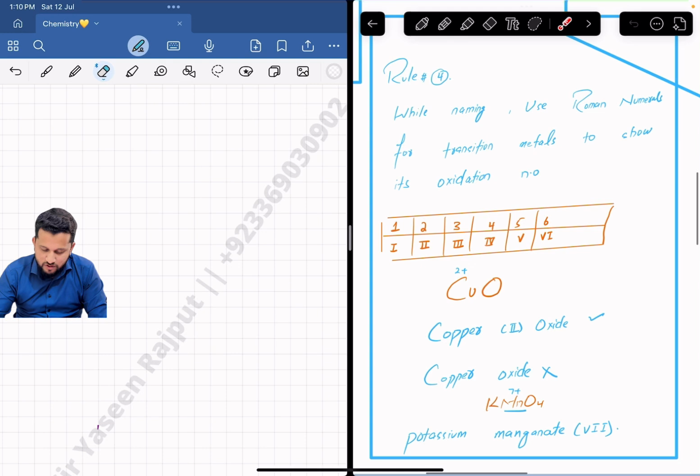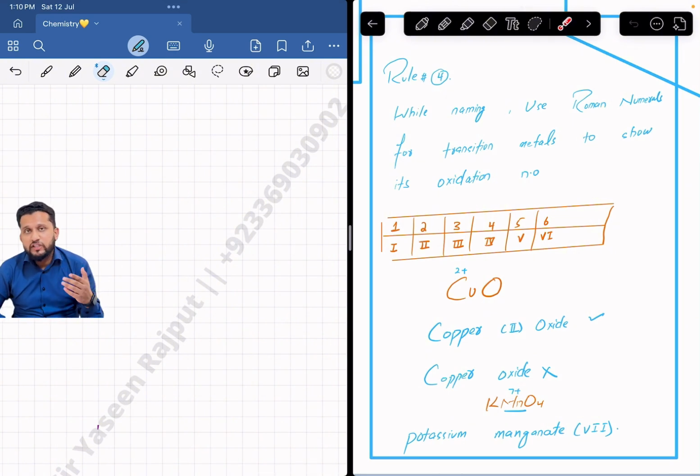And then while naming, use Roman numerals for the transition metals to show their oxidation number. Why? Because we know that transition elements have variable oxidation numbers. For example, copper has +1 charge, copper also has +2 charge. So while naming, we have to use Roman numerals for transition elements to show the oxidation number.